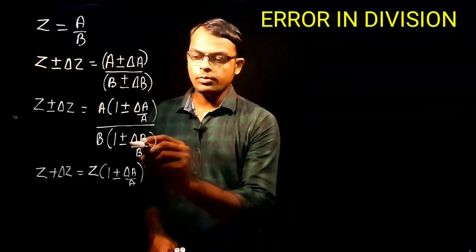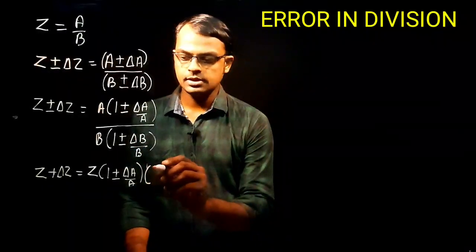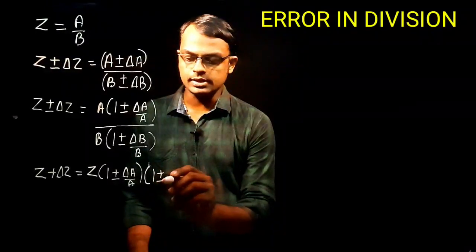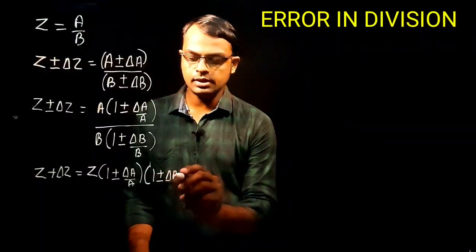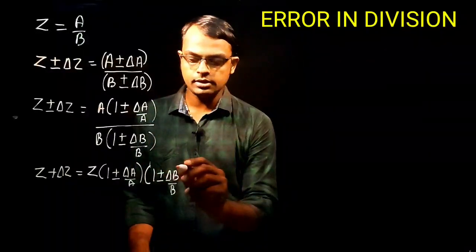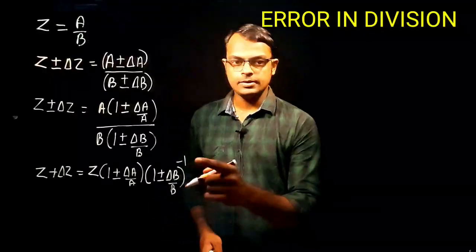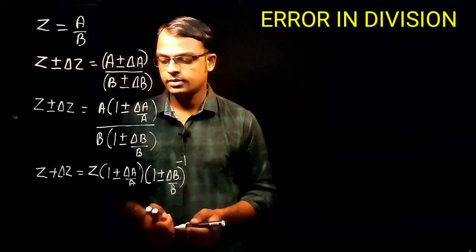Take the denominator into the numerator. So I can write this as 1 plus or minus delta B divided by B, that is in the denominator. If you take it to the numerator, it becomes raised to minus 1.